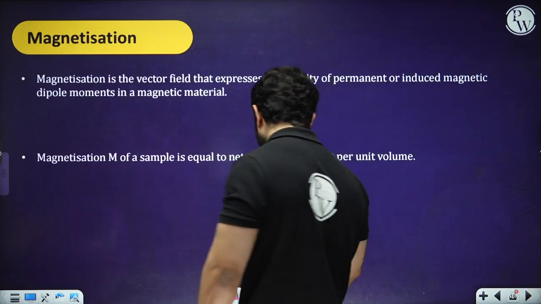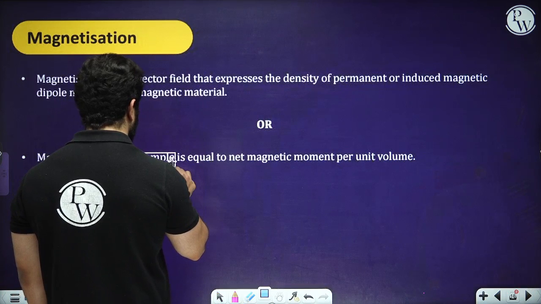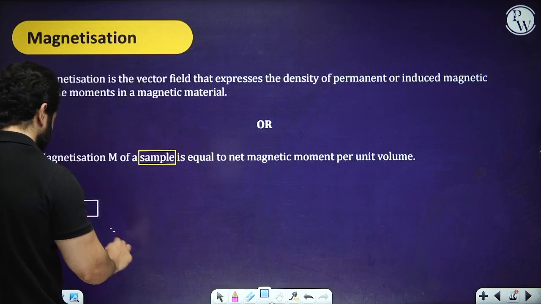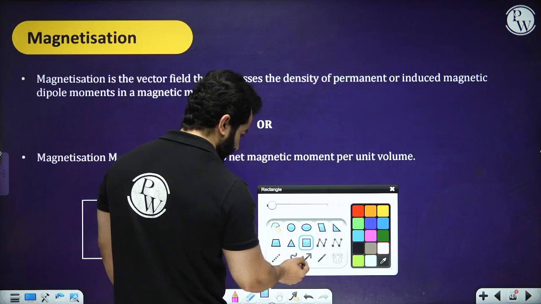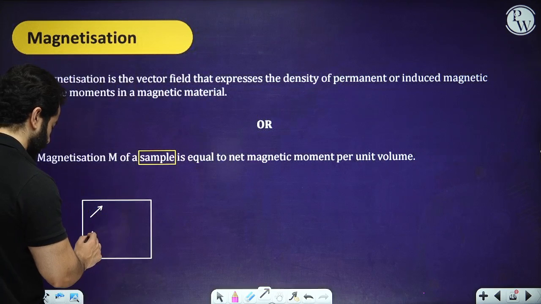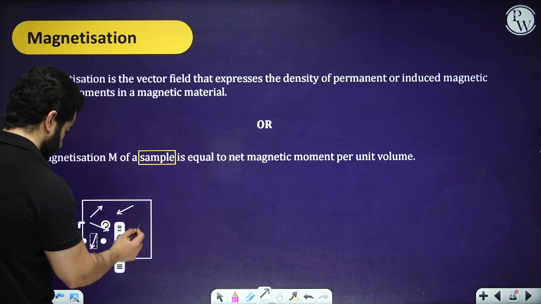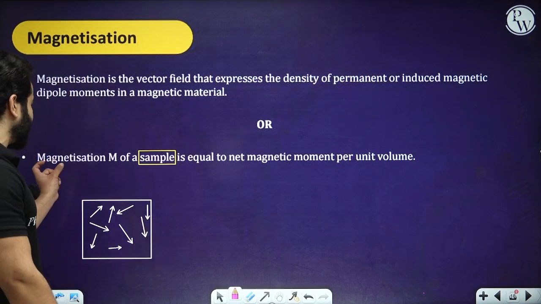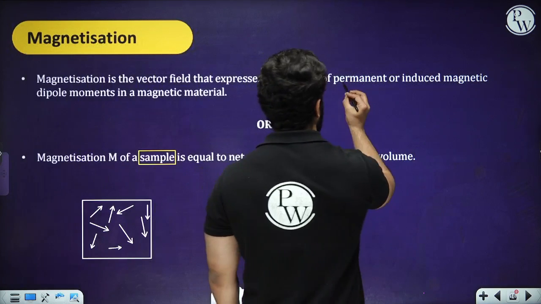Now, what do we mean by this? By saying a sample, let's suppose we have got a material, and this material has got atoms, and those atoms have, let's suppose, dipoles in random directions. So when we are talking about the magnetization of a sample, it equals the net magnetic moment, and this definition is more accurate.